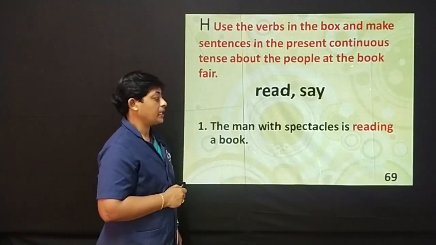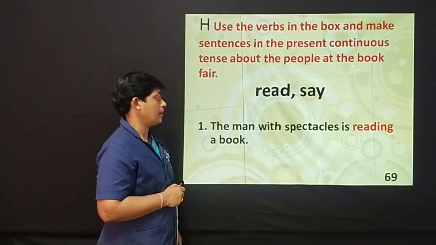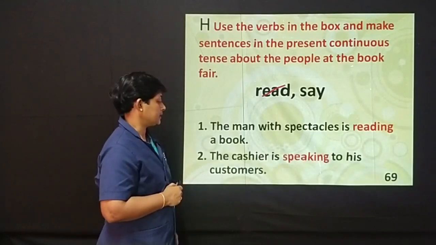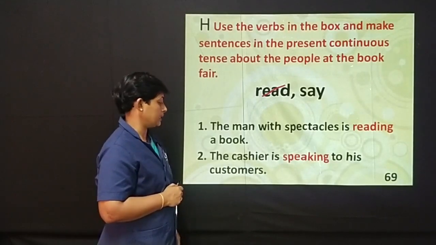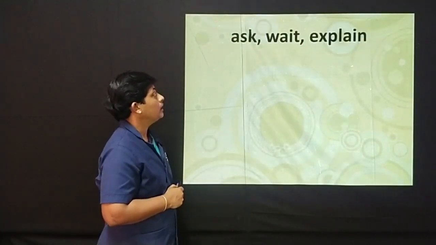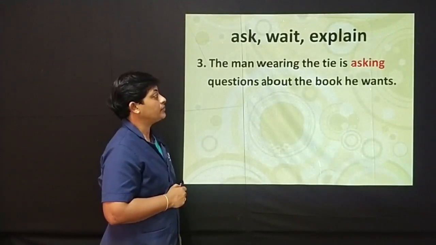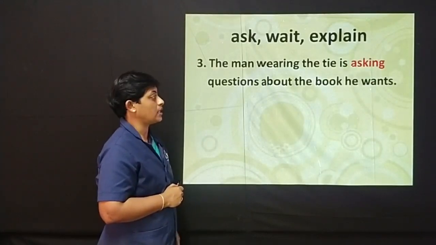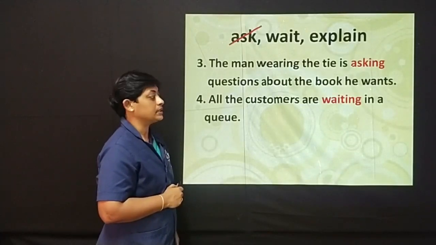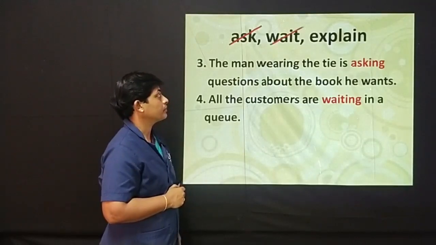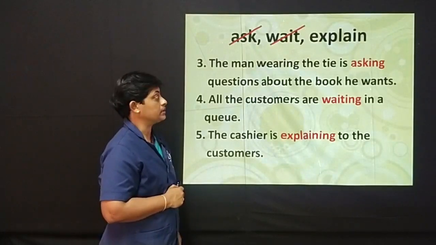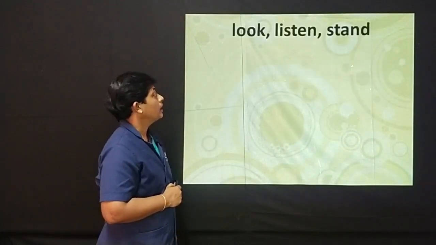1. The man with spectacles is reading a book. So, the first verb is over. 2. The cashier is speaking to his customer. The second verb is over. 3. The man wearing the tie is asking questions about the book he wants. 4. All the customers are waiting in a queue. 5. The cashier is explaining to the customers. 6.